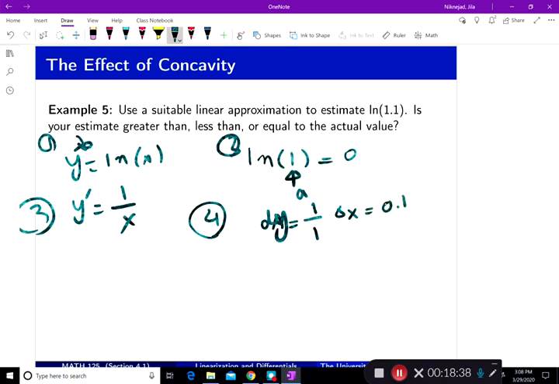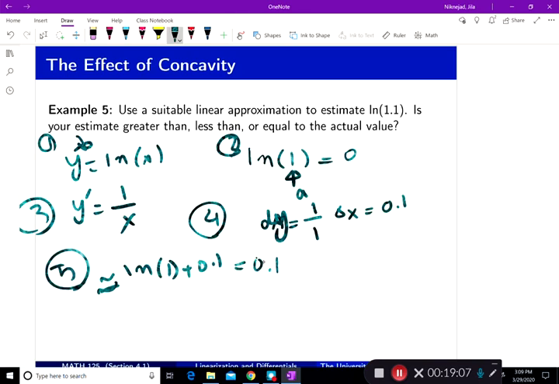And then the value is going to be natural log of 1 plus 0.1. That's one method. The value is approximated by natural log of 1 plus 0.1, which is 0.1. This is one way of dealing with this.